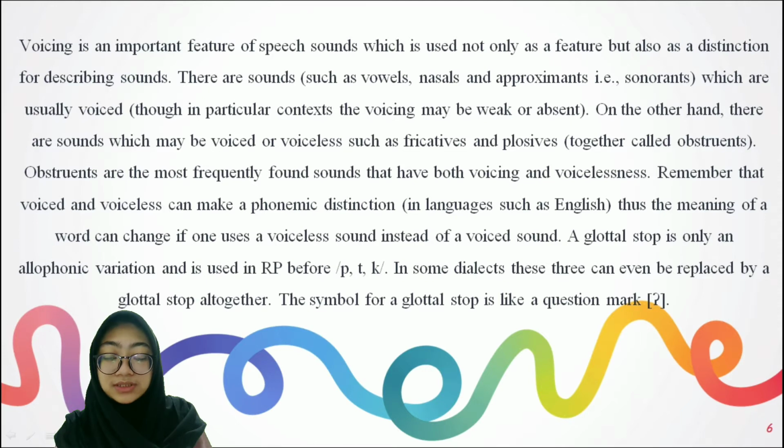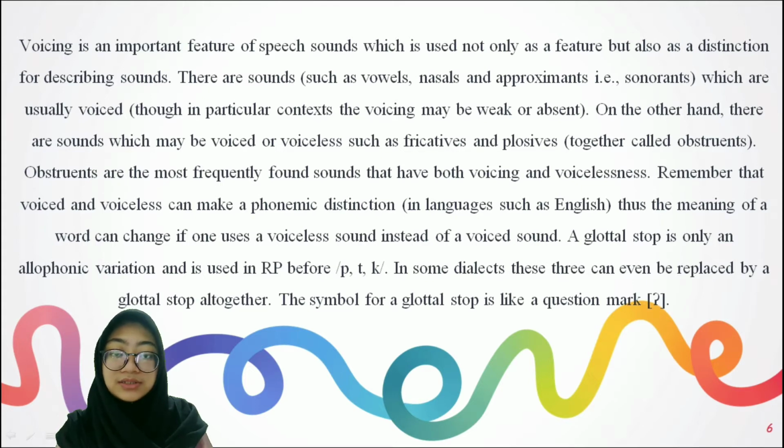Remember that voiced and voiceless can make a phonemic distinction in language such as English. Thus, the meaning of a word can change if one uses a voiceless sound instead of a voiced sound.